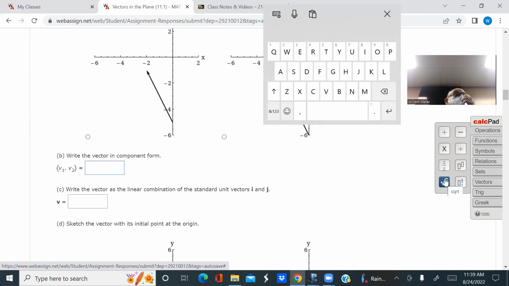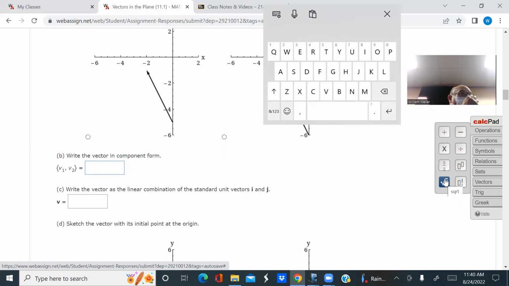So for instance, if the magnitude of a vector is square root of 47, and it doesn't say give a decimal approximation, then that means it wants square root of 47 exactly, right? So you might have to type in, with the radical sign, square root of 47. So keep that in mind.